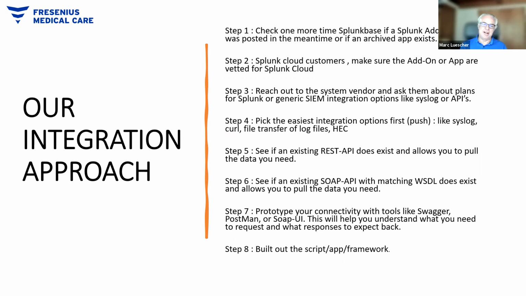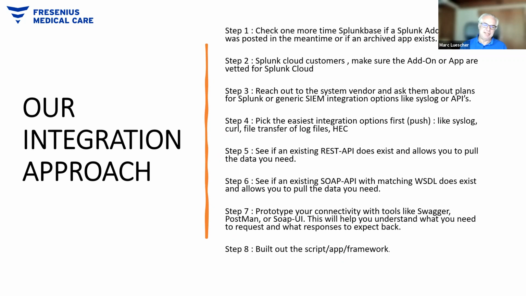Those tools are Swagger, Postman, or if you are in the SOAP world, SoapUI. What those tools allow you to do is deconstruct the APIs and show you exactly what data you need to send to the system and what your expected results will be. But more about that in the demo.